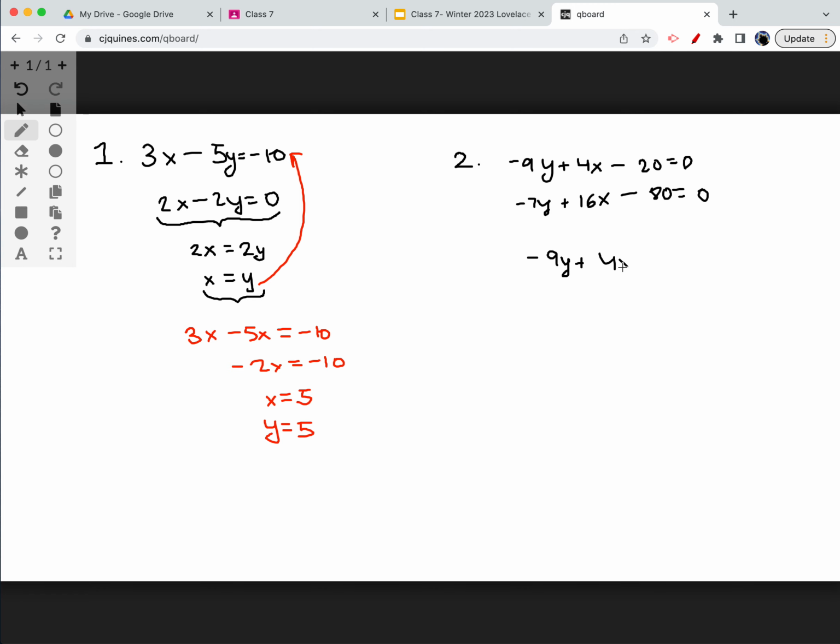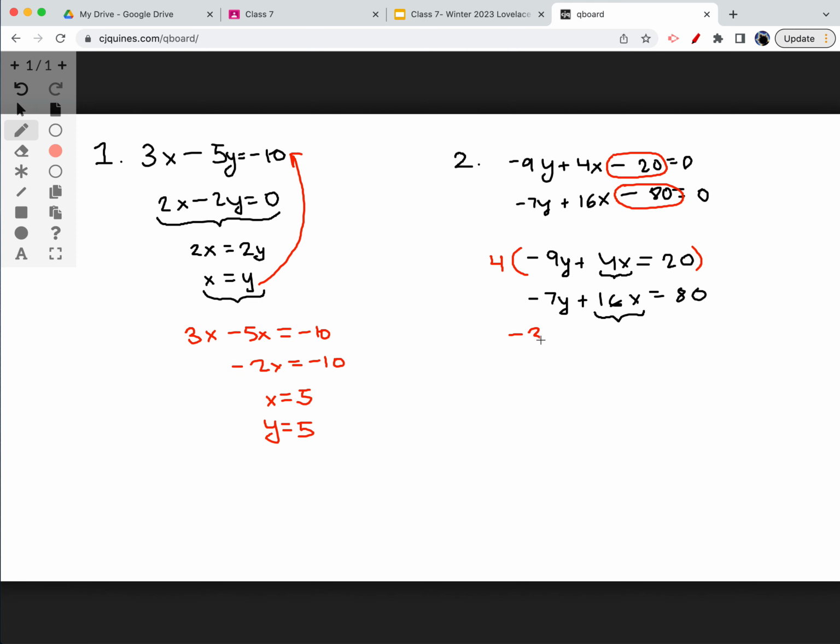So we notice that we have a coefficient of 4 in front of x in the first equation, and a coefficient of 16 in front of x in the second equation. So that suggests that we should just multiply the entire first expression by 4, so we can get the coefficient of x to become 16.